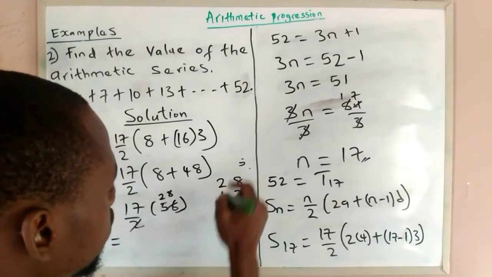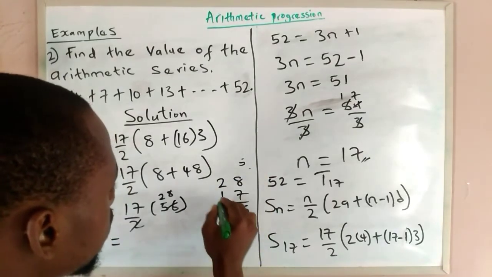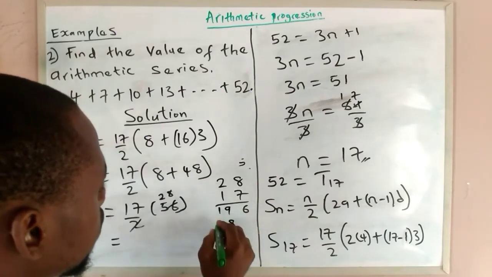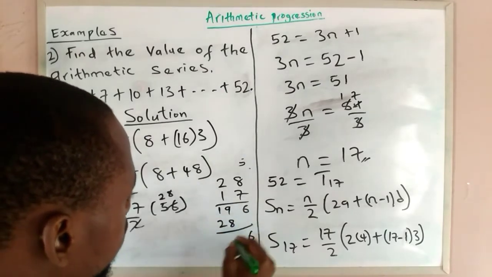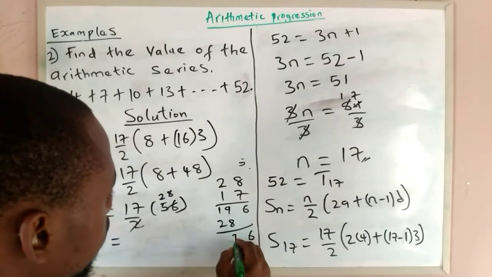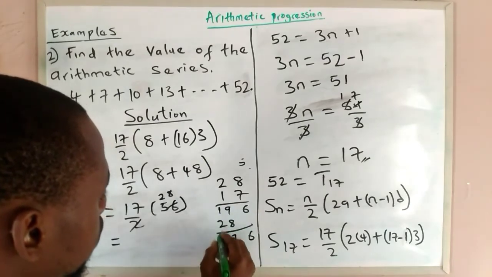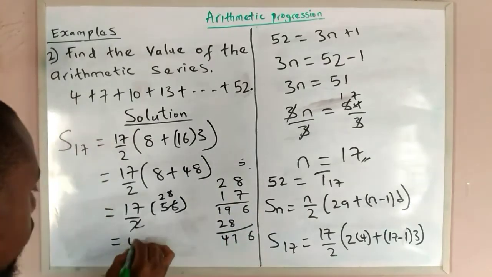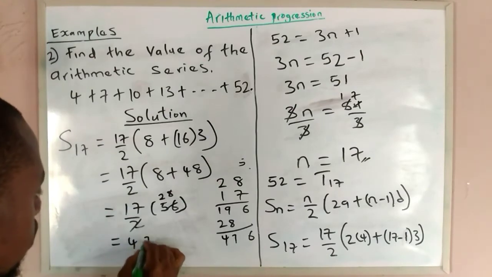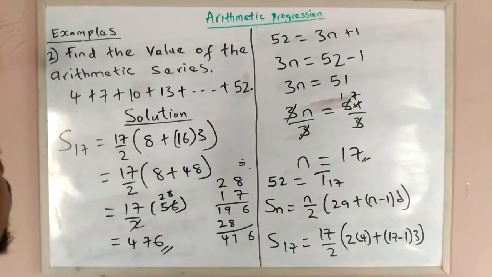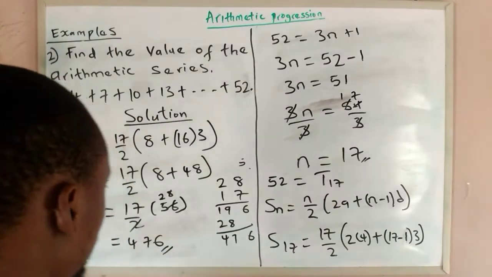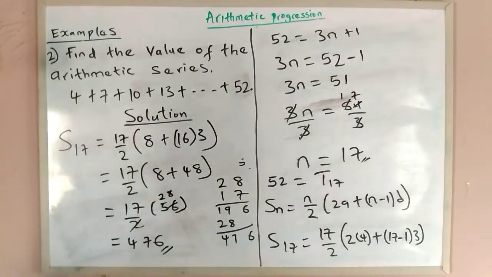This is 14, that will be 19, 8, 2. So we have 6, 7, that will be 476 as our answer. So always remember to write your conclusion.